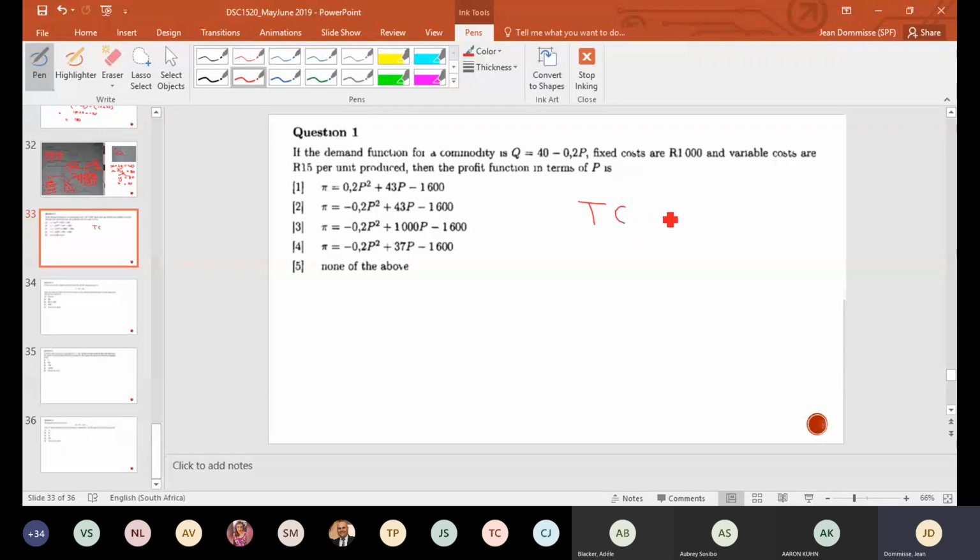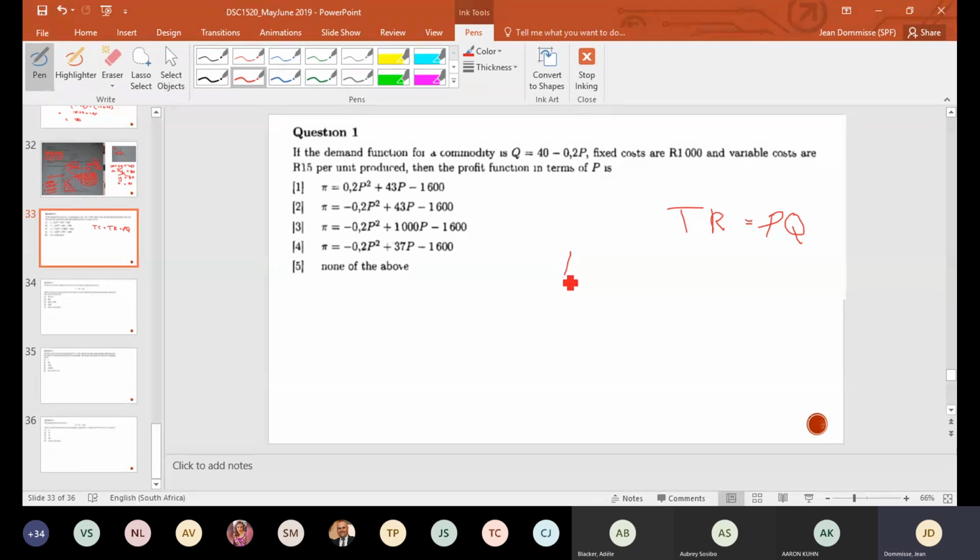The total cost, I'm just writing down a few formulas. Total revenue is also equal to P times Q, and then profit.